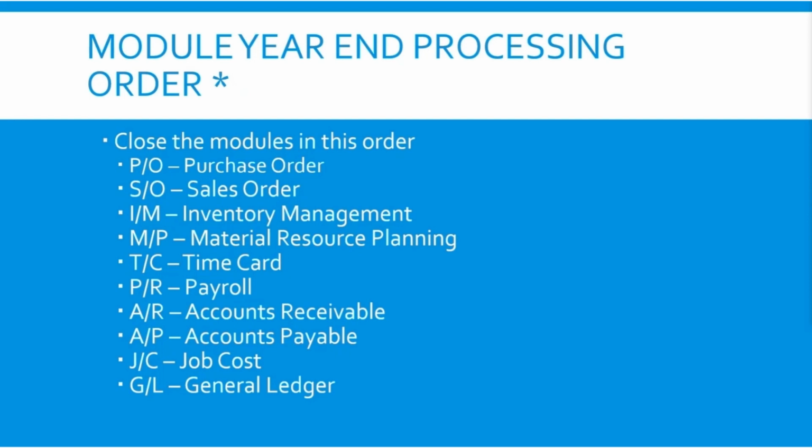If you run an AR trial balance, an AP trial balance, and an inventory valuation at the end of the month as support for your general ledger balances, that should all be done. This is just kind of a formality in the system, and I've never really understood why they put it there. Your reports should be printed at this point, so we recommend you deselect that when you run the process.